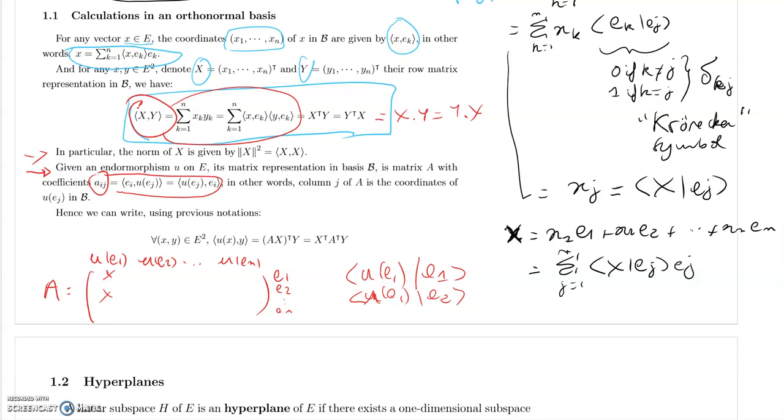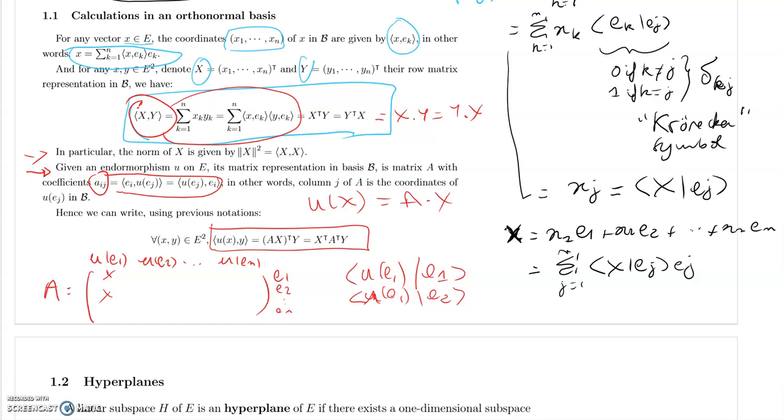And using the previous notations, you can also get that kind of expansion if you take the scalar product of U of x with y. You have applied transformation U to x and take the scalar product of this one with y. Of course, U of x is given by the matrix A times x.